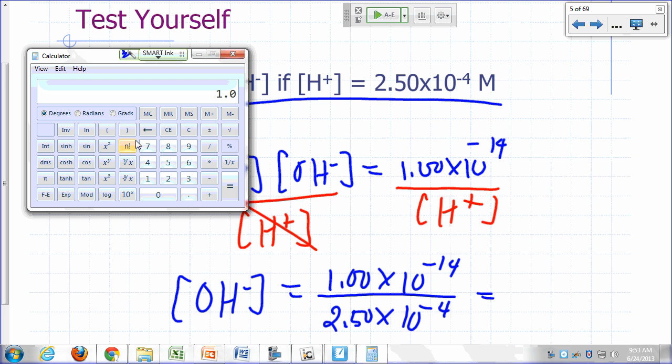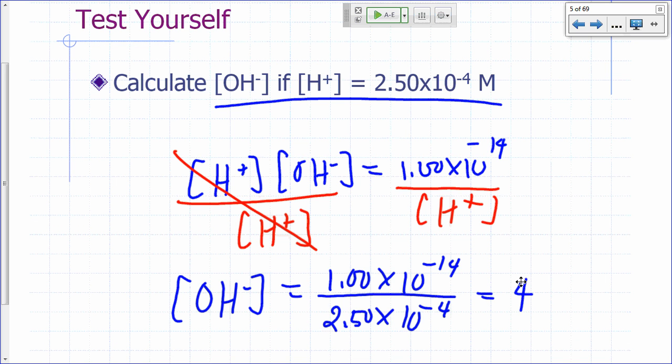And make that scientific notation. That's 4 times 10 to the negative 11.